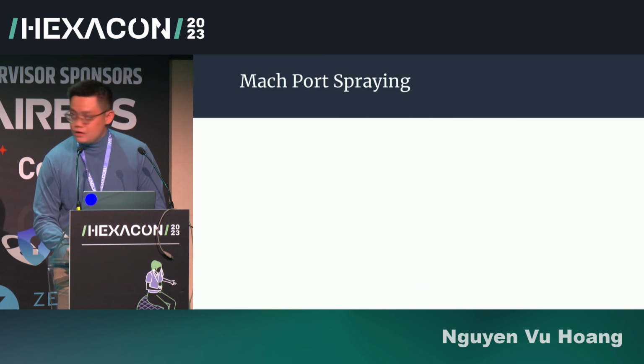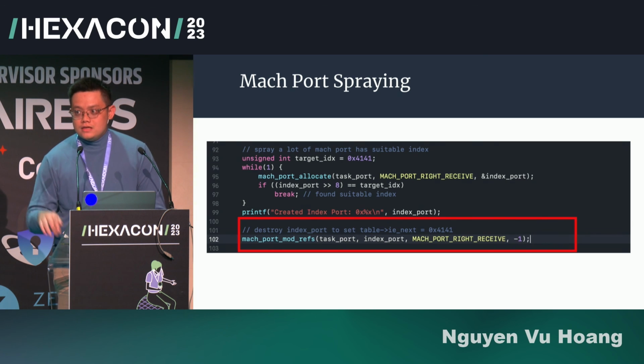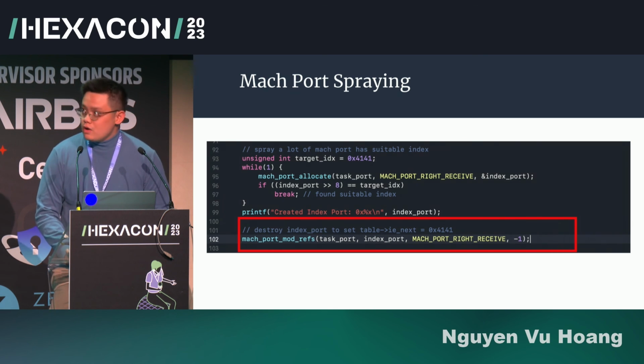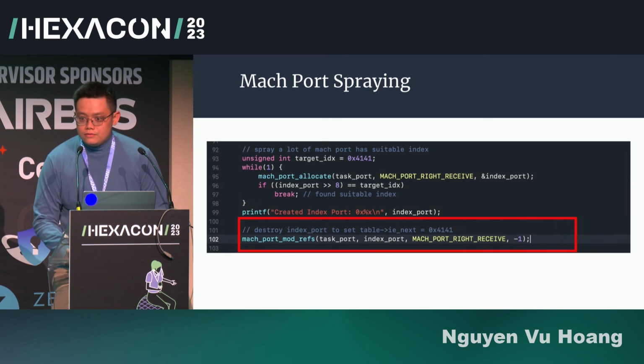So how did I do that? I just allocate a lot of Mach ports, and then I extract the index from each Mach port name and compare it with the expected value I want. When it reaches the value I want, I just break the loop. And then I deallocate this Mach port to set the table's it_free field to the value I want.